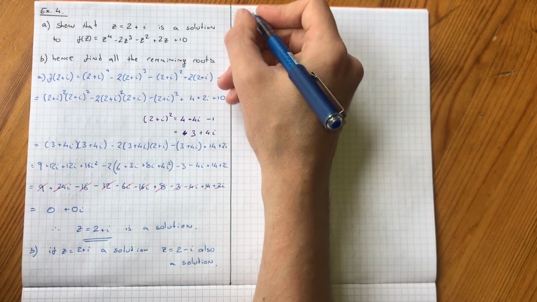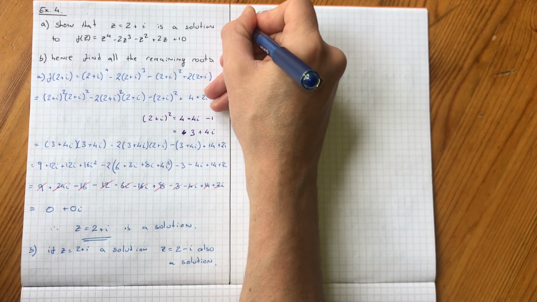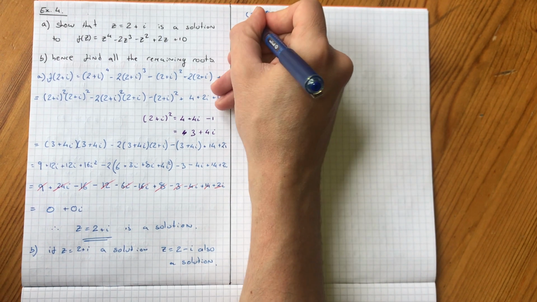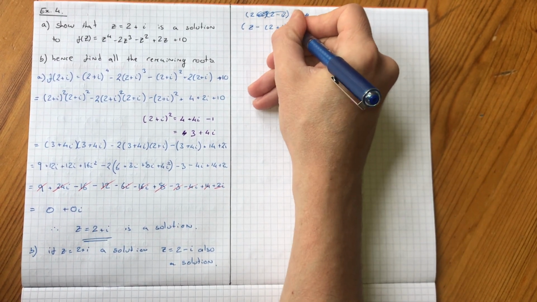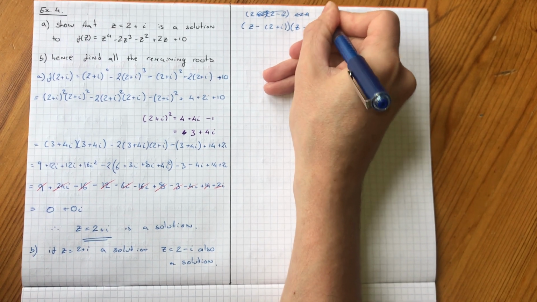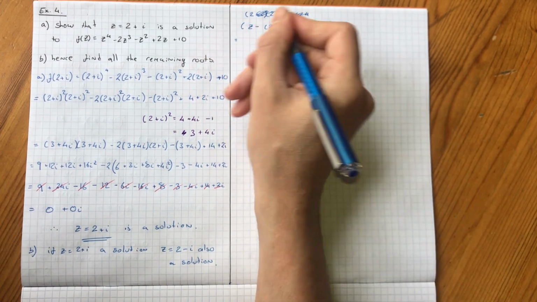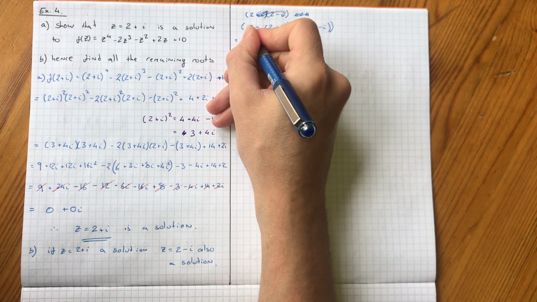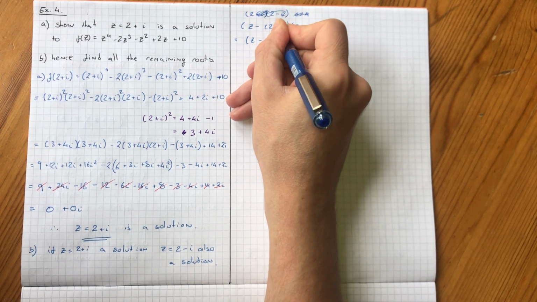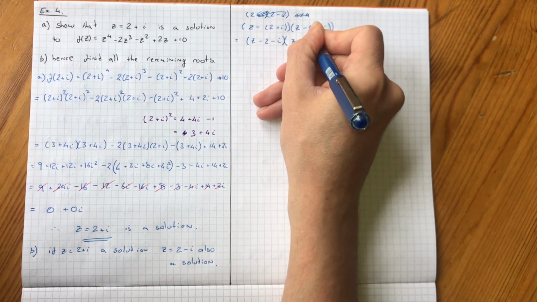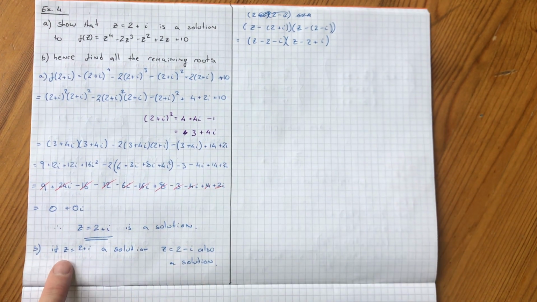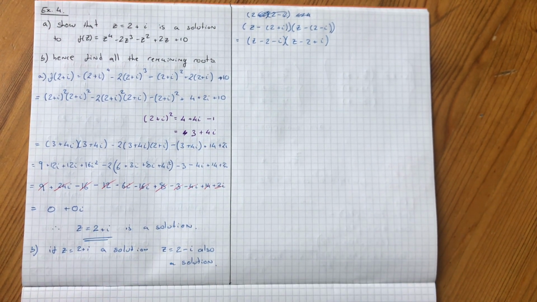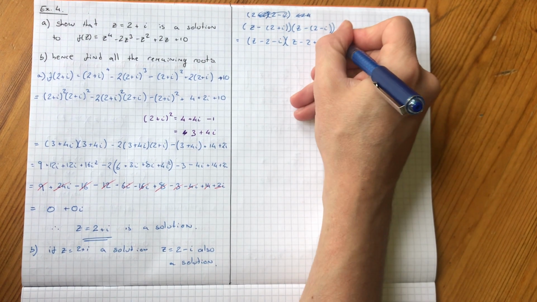Nope, I need to do z minus 2 plus i, as in the actual factor, and z minus 2 minus i. So what I've done is I have converted them into their factors, as that's actually what we're going to divide by, and then we multiply them out.